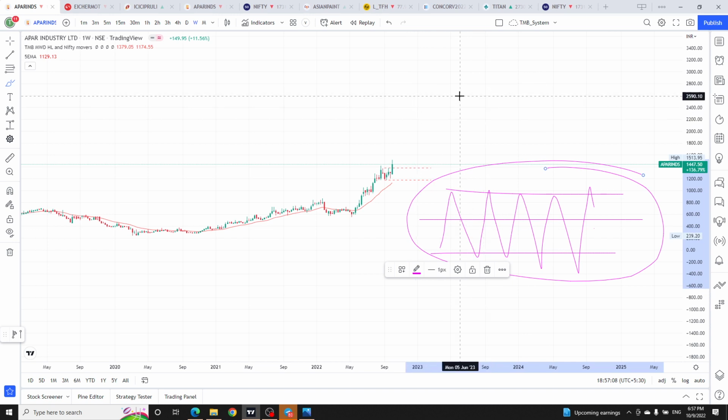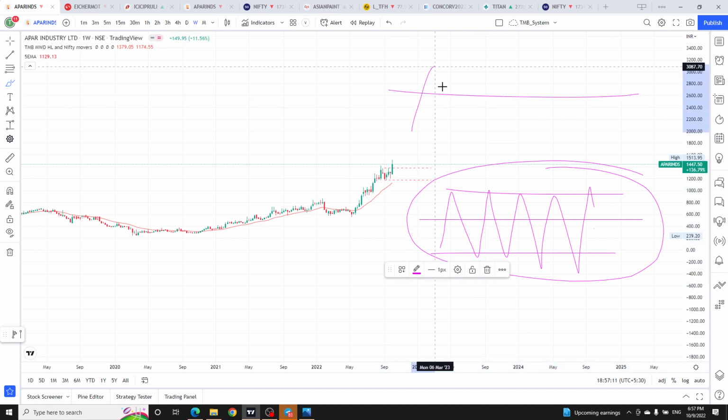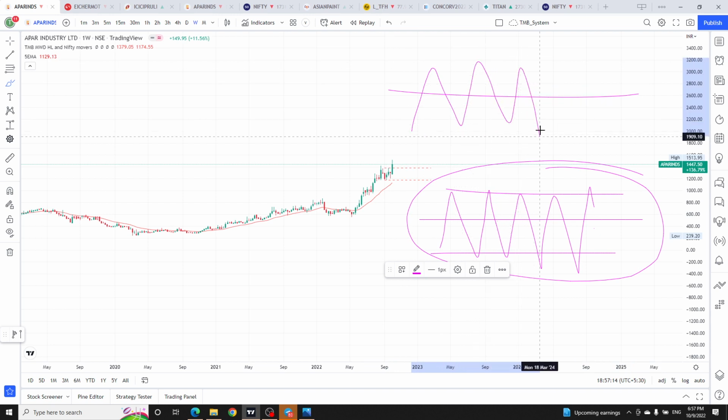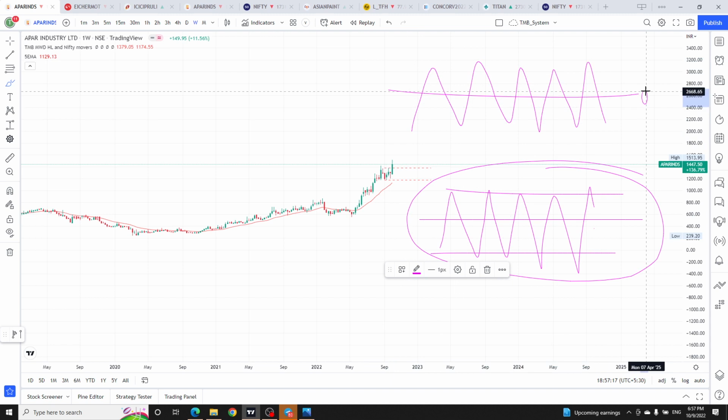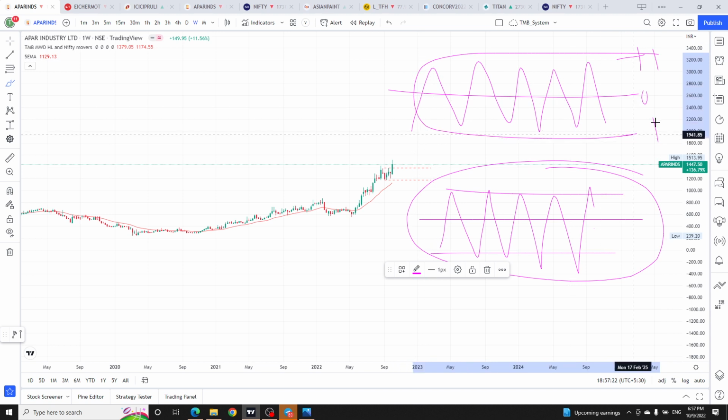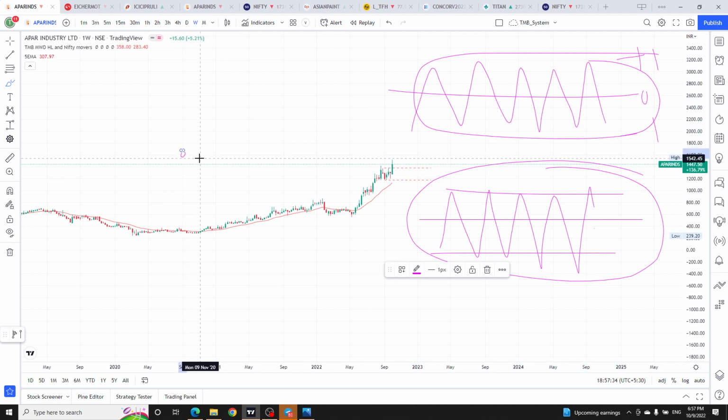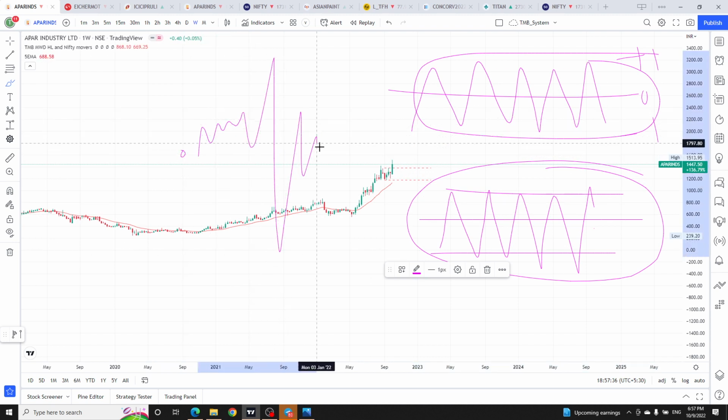In your graduation or engineering you might have studied the sine wave, which goes between -1 and +1 in a regular fashion. That is linear. But in the stock market, the stock price never moves in a linear fashion. It is like a flying mosquito. You cannot predict the path of a flying mosquito; it can go anywhere. This is why I always say the probability of a technical indicator working is very low.